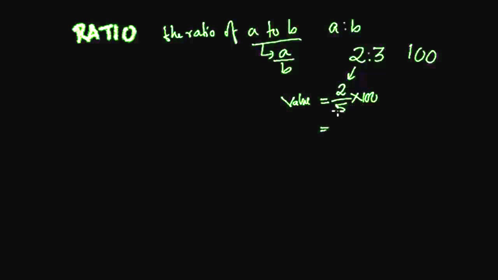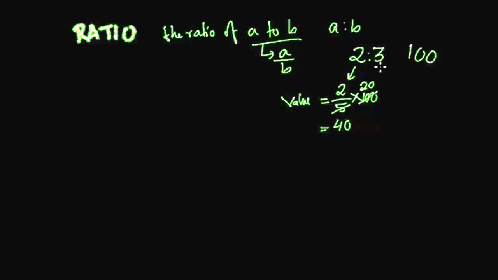If we break this down, 100 divided by 5 is 20, 2 20s are 40. So $40. If you break down $100 into 2:3, the total portions are 5 and you want 2 out of 5, and that is going to be $40.